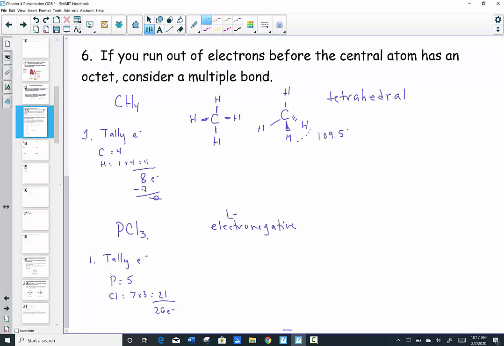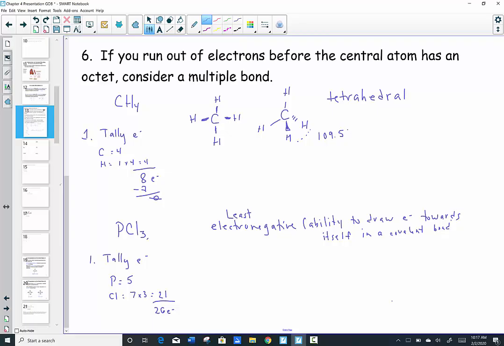And so when we get this far and define electronegativity, we want to define electronegativity as the atom's ability to draw electrons towards itself in a covalent bond.